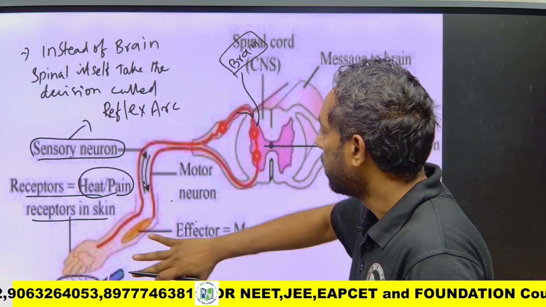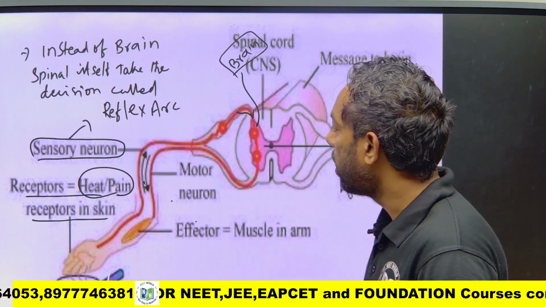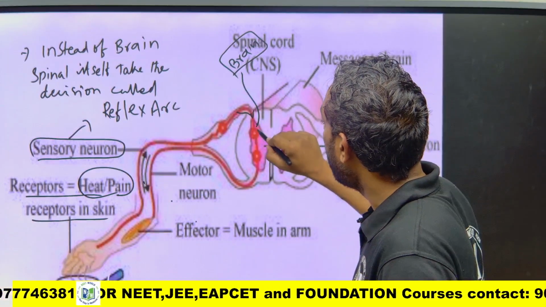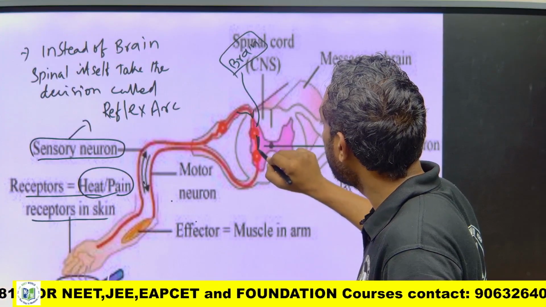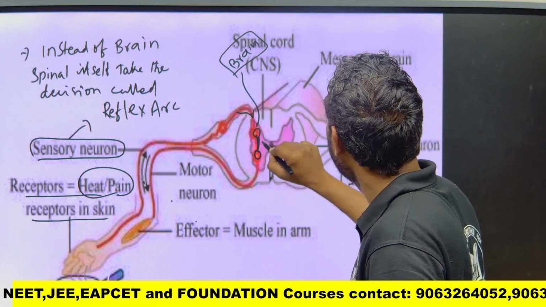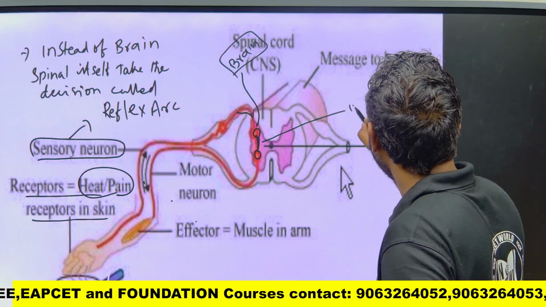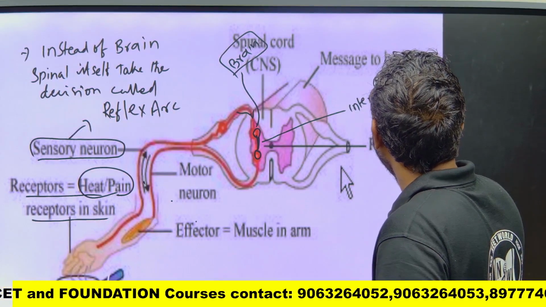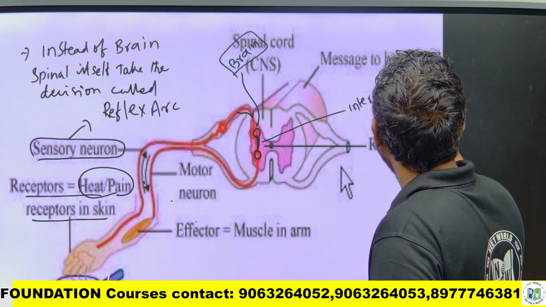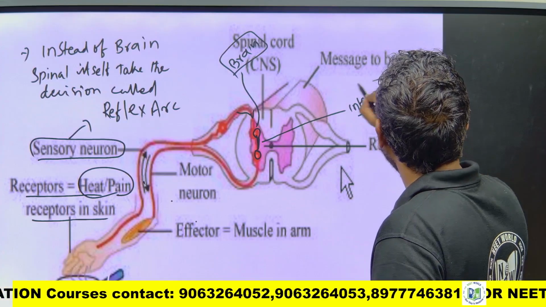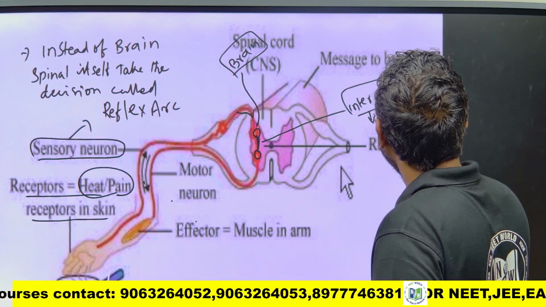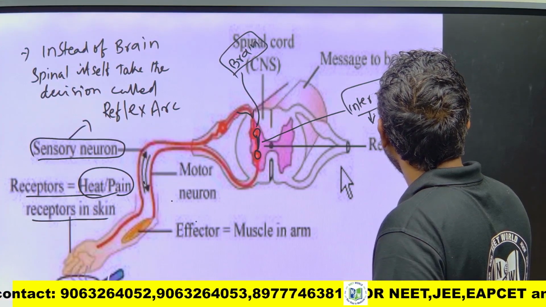In the spinal cord, the neuron that analyzes is called the interneuron. The interneuron in the spinal cord analyzes the information.